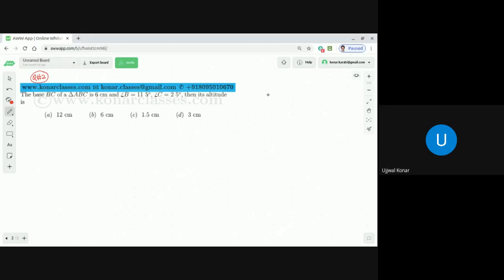So angle B is 112.5. There is a small mistake here.